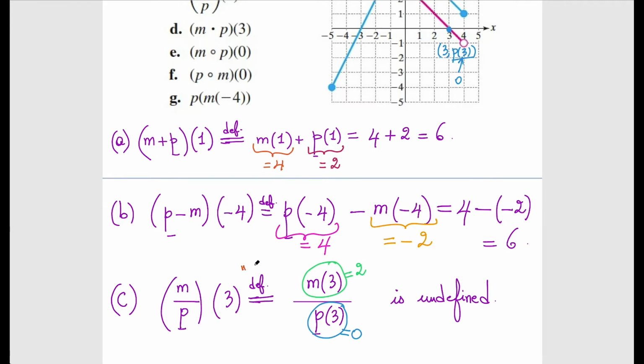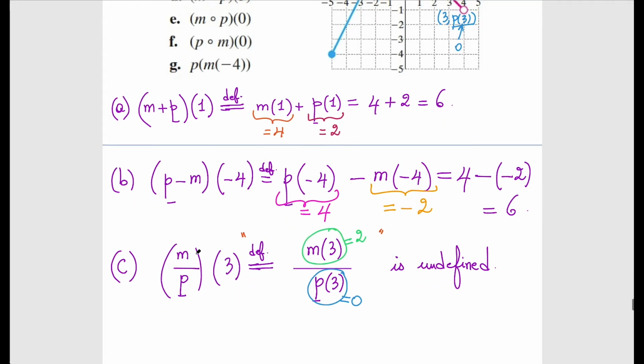I'm gonna put quotation marks here just to let you know that I got the undefined by trying to evaluate it, but I was led to find an entity which is not defined. 2 over 0 is not a defined answer. It's not a defined number, so not a defined expression. So this becomes an undefined answer. So M over P is not defined at 3. So 3 is not part of the domain of M over P, right? Okay.